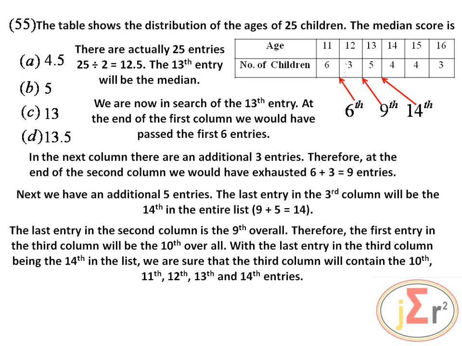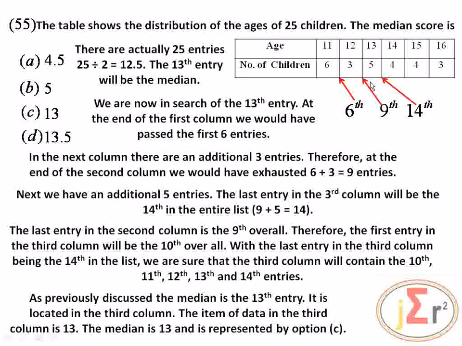Therefore, the first entry in the third column will be the 10th overall. So if the last one is the 9th here, the first one of the next one will be the 10th. Therefore, in here we will have the 10th, the 11th, the 12th, the 13th, and the 14th entry. So the 13th entry will be inside here.